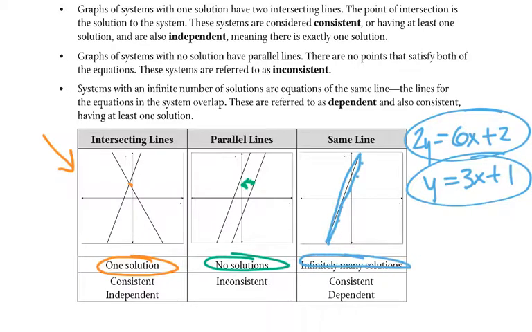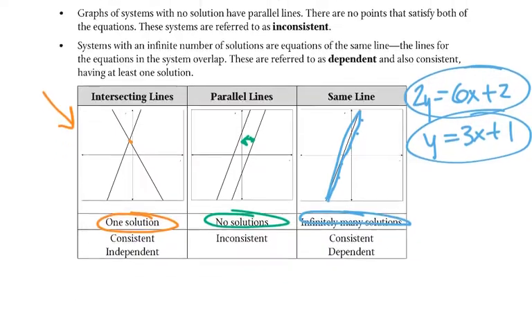Every point on that line is a solution to both of them. If you have a solution, we use this word consistent. If there's no solution, it's inconsistent. If there's only one time when they meet, it's independent. If they're meeting all the time, they're the same thing, they're dependent on each other kind of idea. But the three things we need to really pay attention to are the one solution, no solution, and infinitely many solutions.